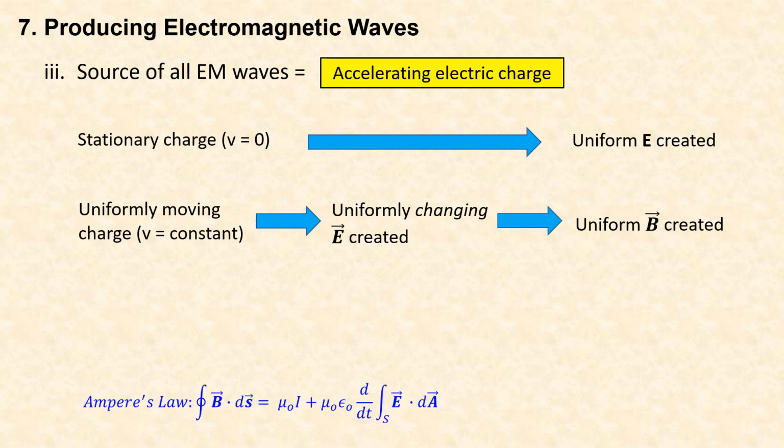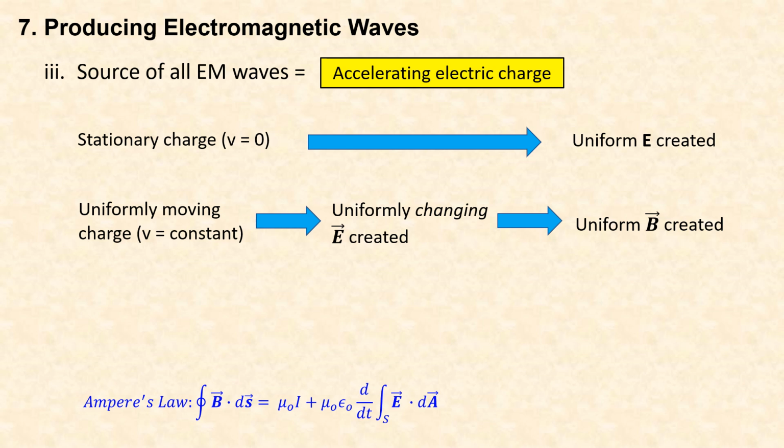If you look at the right-hand side of Ampere's law, it tells you that when the electric field and therefore electric flux changes uniformly in time, that is when dΦ/dt is constant, then a uniform constant magnetic field is created. That's what the left-hand side of Ampere's law tells you.